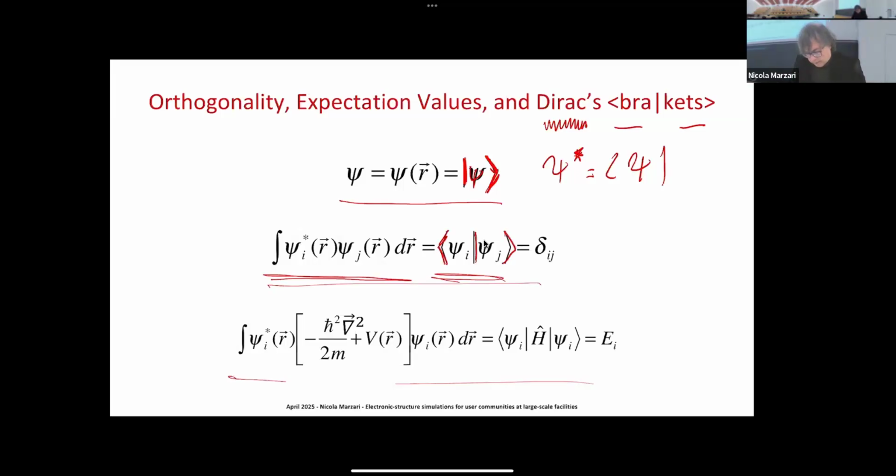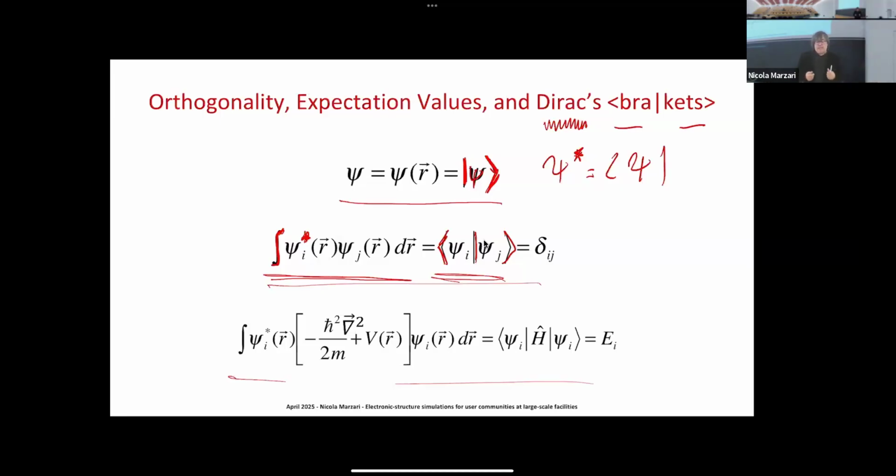And the scalar product is nothing else than the integral of the complex conjugate of one wave function times the other wave function. And we say that 2 wave functions are orthogonal, exactly as 2 vectors are orthogonal in real space, if their scalar product is 0.